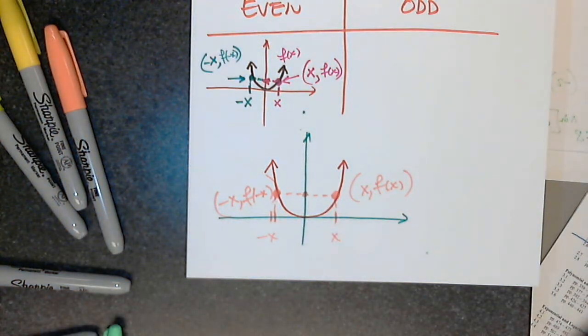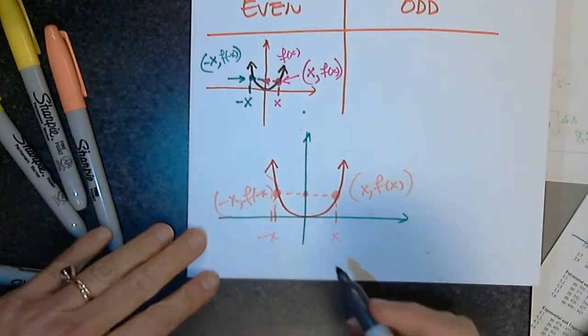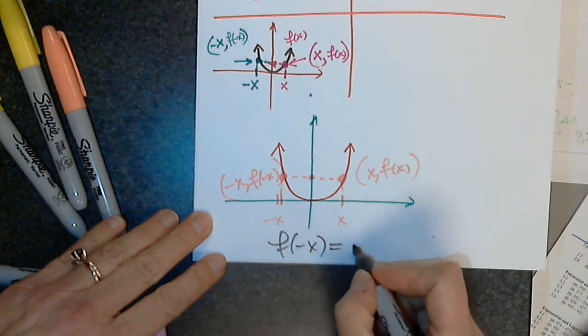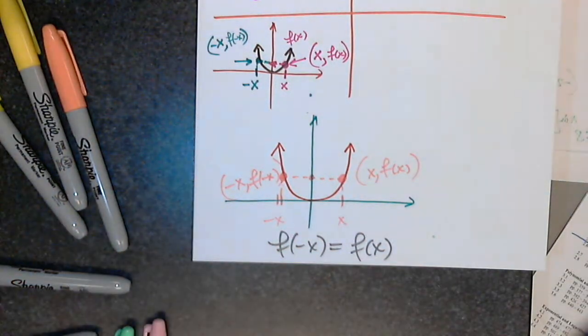Now is it better? So what is the relationship between f of x and f of negative x? They're equal. So f of negative x is identical with f of x.